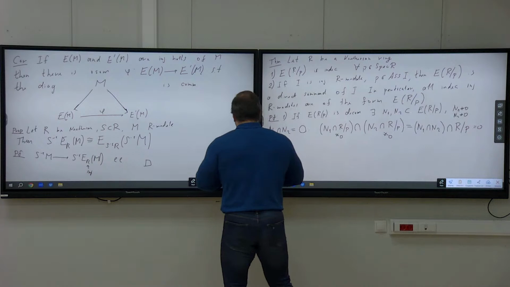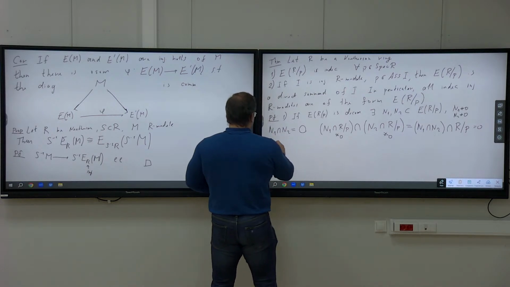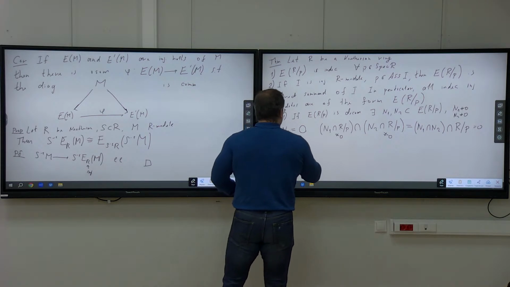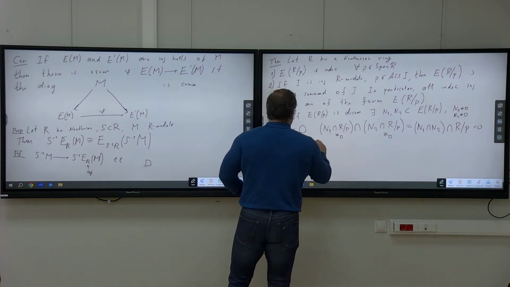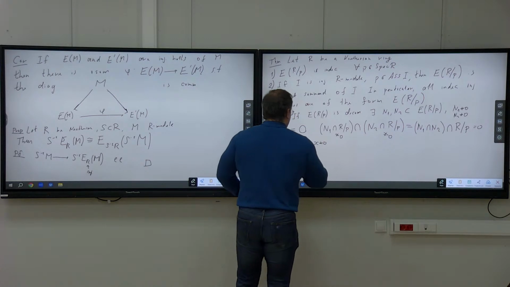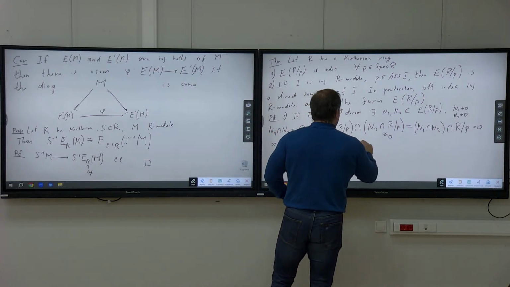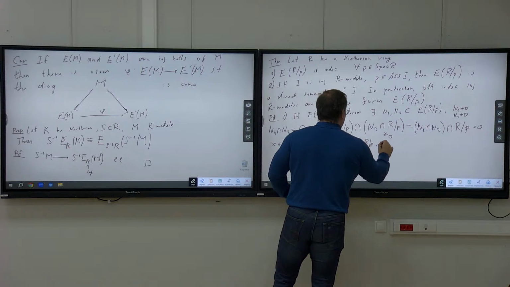So we can take some x and y. So x lives in N1 intersect R modulo P, and x is not equal to 0. And the same for y. So y is an element in N2 intersect R modulo P, and y is not equal to 0.